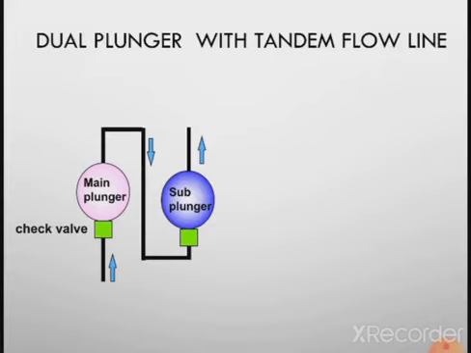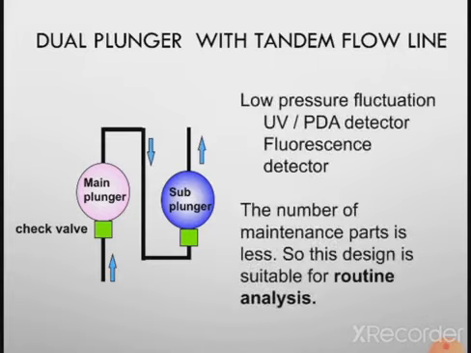So there is low pressure fluctuation, and UV and PDA detectors and fluorescence detectors require low pressure fluctuation. The number of maintenance parts is less, so this design is suitable for routine analysis. So this is the dual plunger with the tandem flow line.